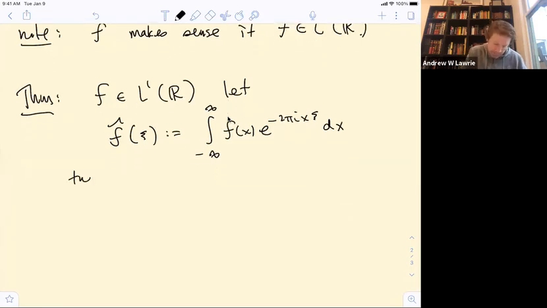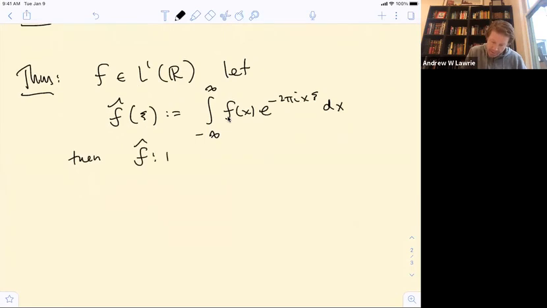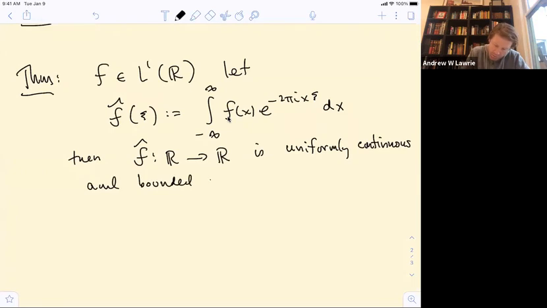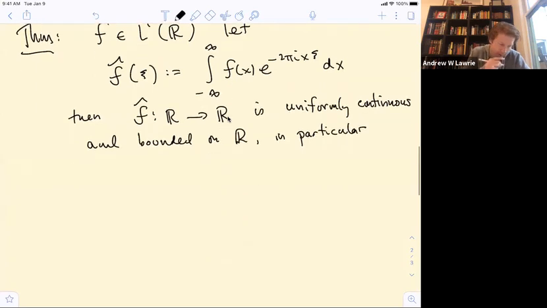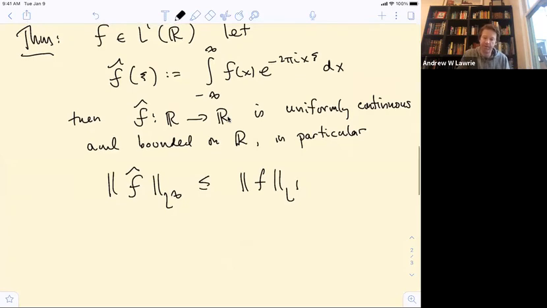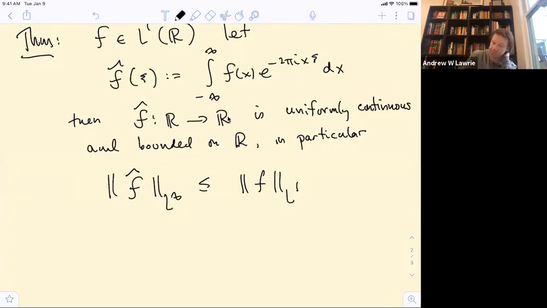Then f hat from R to R is, in fact, not just a function, it is uniformly continuous and bounded on R. In particular, the L infinity norm of f hat is bounded by the L1 norm of f.